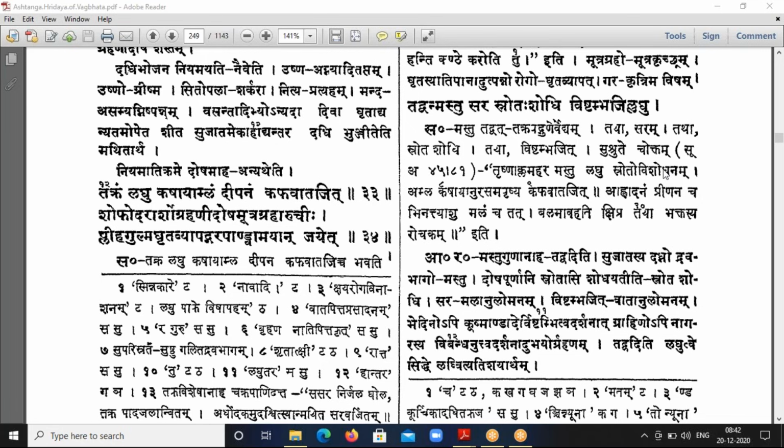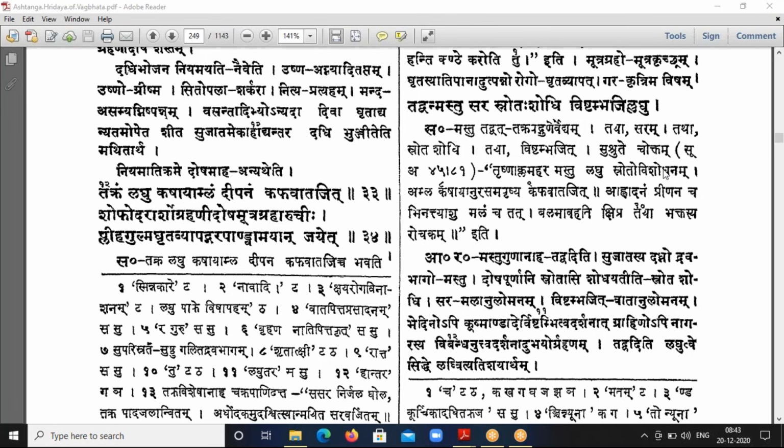So in spite of the best of the properties given in the textbook, the use of milk need not suit everyone. Whereas this takram gets digested itself very easily, and it promotes the digestion of other stuffs which are taken along with it. So that way we can find a lot of slokas dedicated in various nighantus to extol the properties of takram.